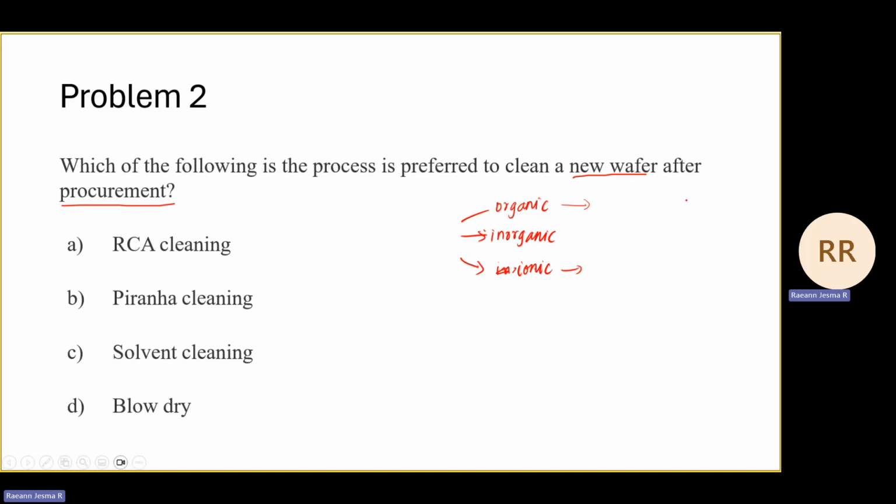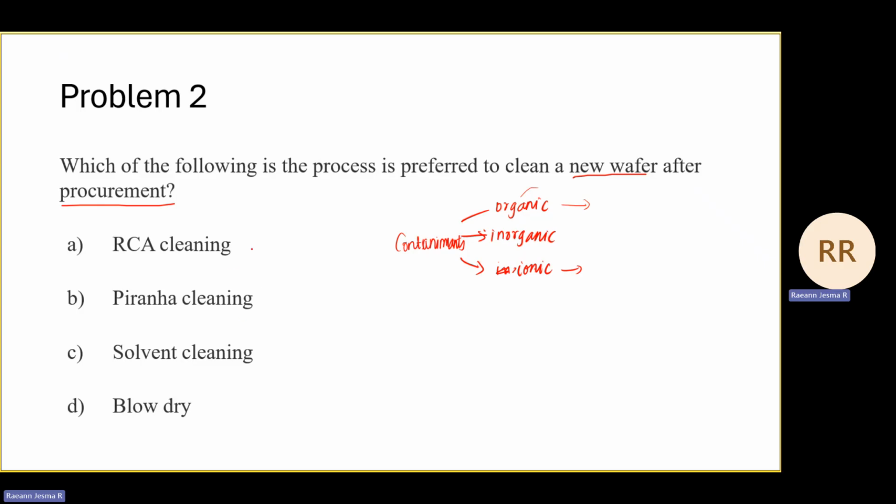If our fingerprints are on the wafer, then we'll have organic contaminants. And also various organic particles can bring these contaminants. So in order to remove these types of contaminants, we have various cleaning processes: RCA cleaning, piranha cleaning, solvent cleaning, and blow dry.